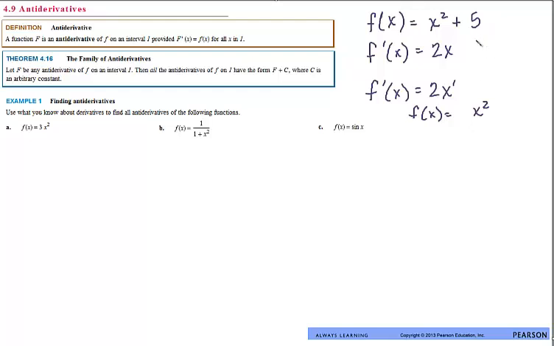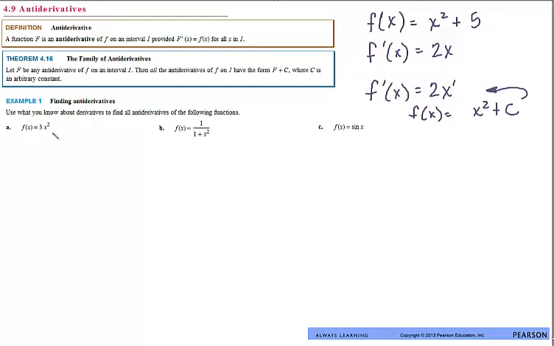Now there's no way to get this 5 without any extra information, so for now I could just say x squared plus any constant would get me that derivative. So this would be called the antiderivative, as they're calling it here.